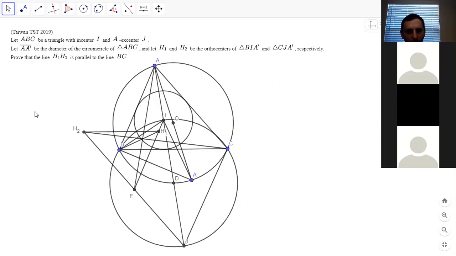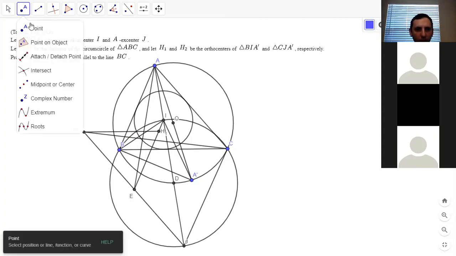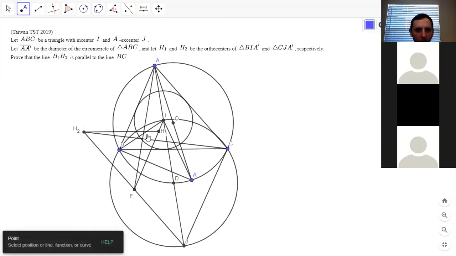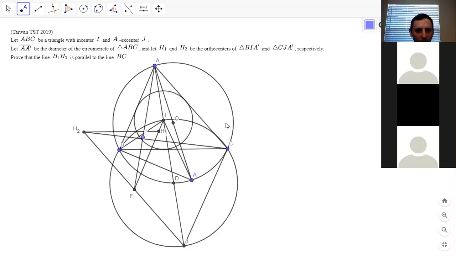So we could prove that CH2 cuts AE at a point T and BH1 cuts AE at T prime, and we can prove T prime A over T prime E is equal to TA over TE.